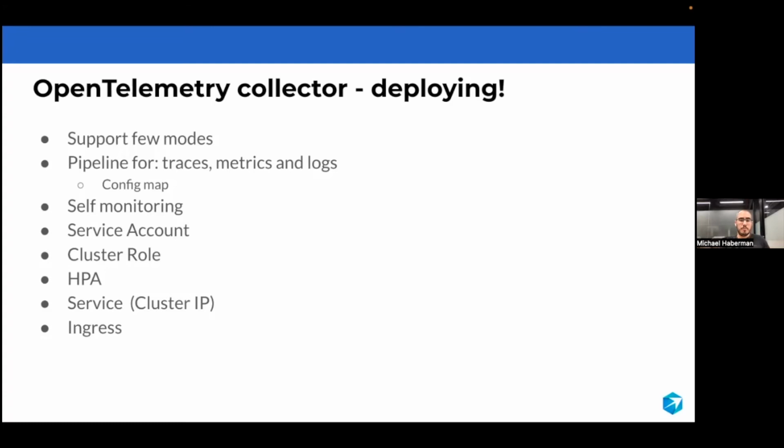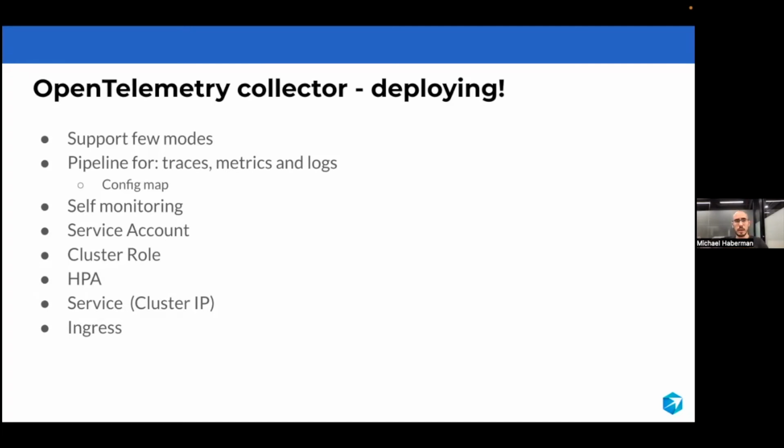We have a predefined configuration for traces, metrics, and logs. Of course, it's very configurable. You can turn each one of them on or off and define them in different ways. Eventually, this is a config map that you're running based on the configuration that I showed you.